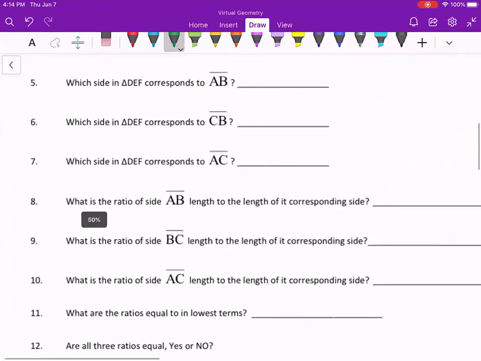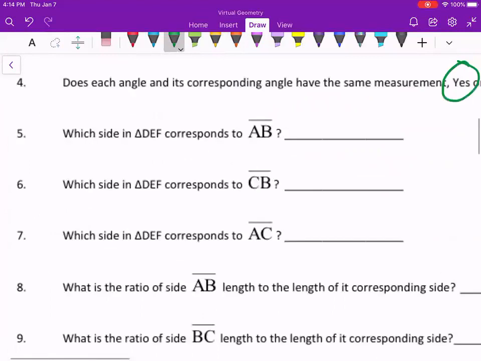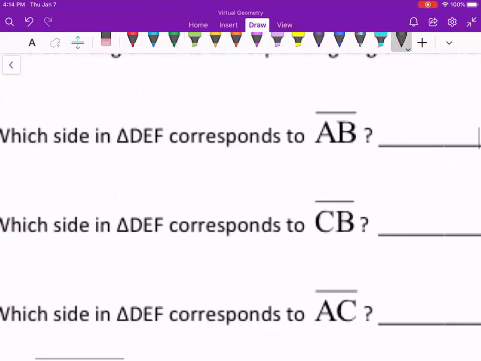Now let's do matching sides. Now remember, we already said that I've got triangle DEF there. Which side in triangle DEF corresponds to segment AB? Well, we already said that A and D match, B and E, and then C and F. So I can use that to write out my matching segments.